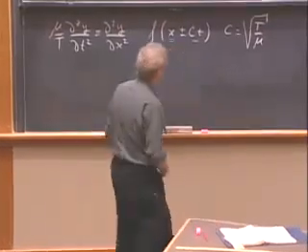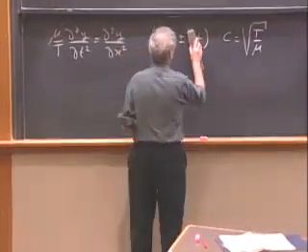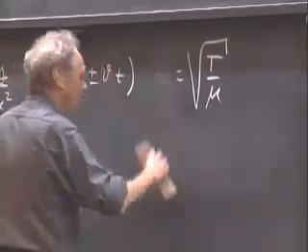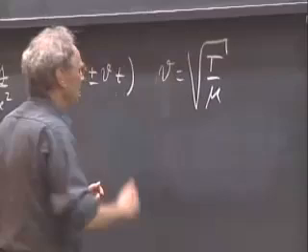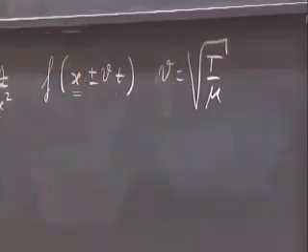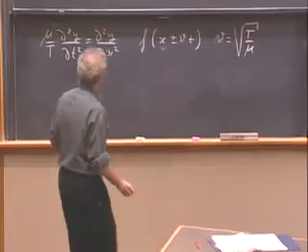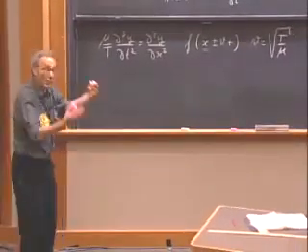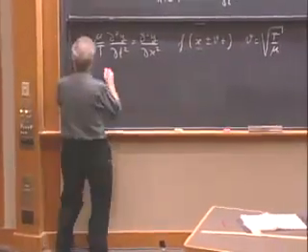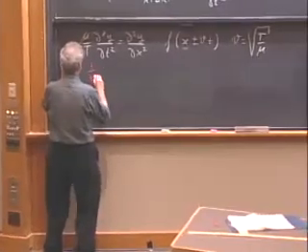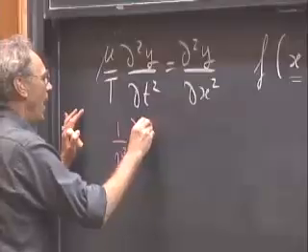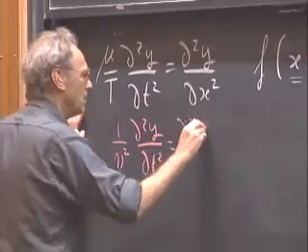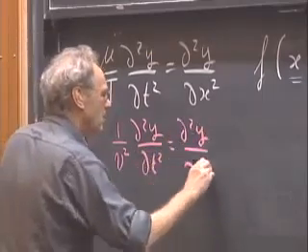So therefore, you might as well write this as plus or minus vt, and you might as well write v for here, a velocity, and we might as well change now this differential equation in a more uniform way, which is what I'm going to do now, which is 1 over v squared times d2y dt squared equals d2y dx squared.